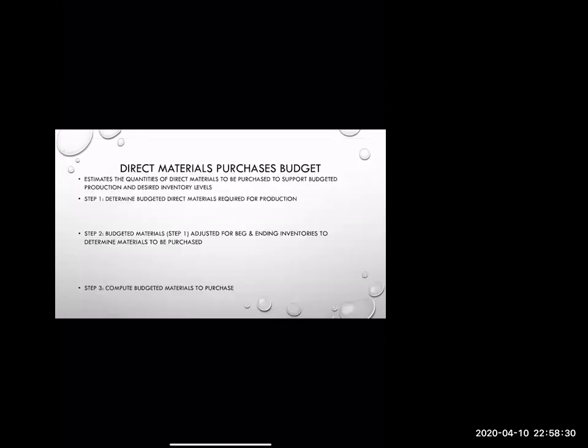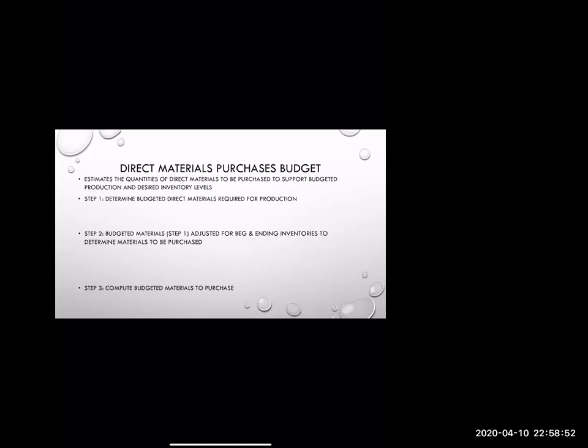All right, so now we're going to move on to our direct material purchase budget. Before we move on, I want to make sure you understand it all starts with sales. Based on what we expect our sales to be, we come up with our total production, how much we're going to produce of each product.